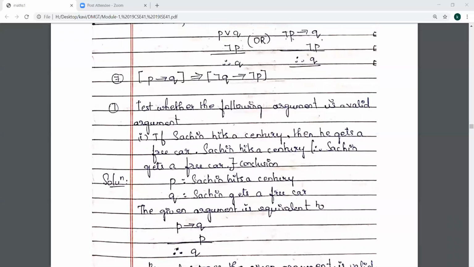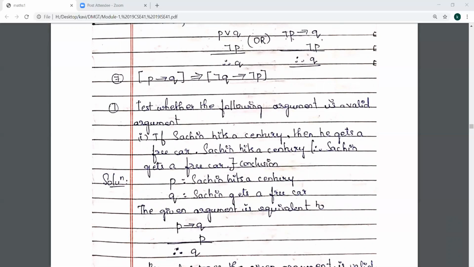First put it in symbolic form. So here I have the symbolic form: P implies Q and P, therefore Q. So I need to check whether this given argument is valid or not. You need to check which rule you have to apply. So see here, P implies Q and P is there.